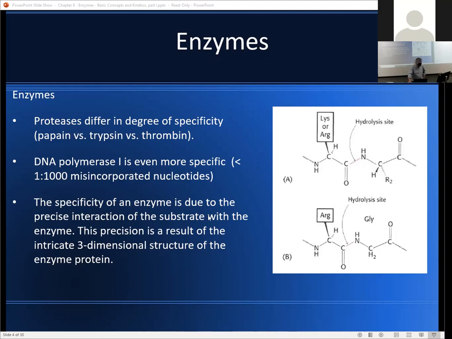The specificity of an enzyme is due to the precise interactions of the substrate with the enzyme. This precision is the result of an intricate three-dimensional structure of the enzyme protein.